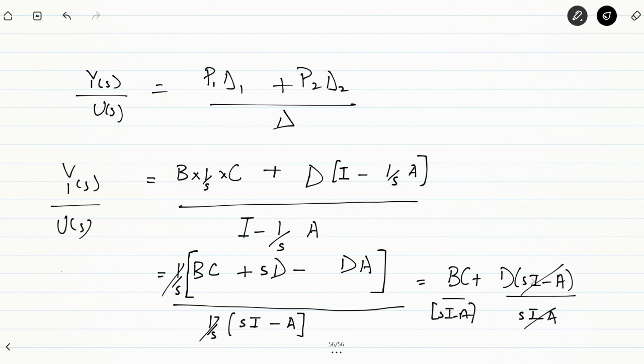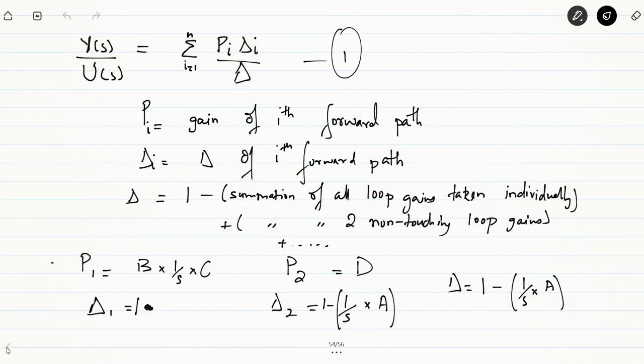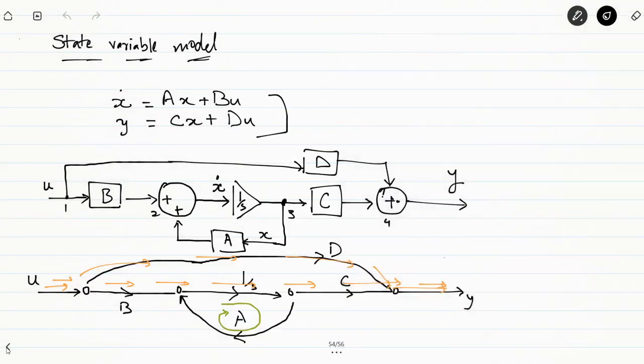Fine. So let's keep it like this for a while. We'll be deriving the transfer function model from the state space model mathematically. So we're focusing on the signal flow graph. Your state variable model can be converted into a signal flow graph easily, and this is a general representation of signal flow graphs, wherein we represented x dot.